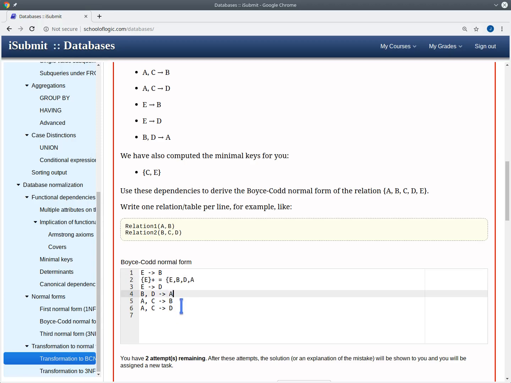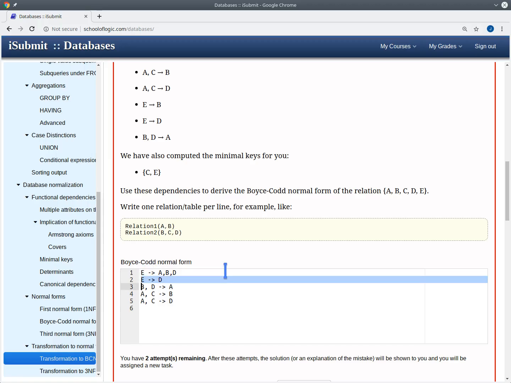And AC is not applicable, so this is all. Okay, so on the right-hand side we have A, we have B, and we have D. E we don't put because this is already on the left. Okay, this we don't need to do because we've already maximized the right-hand side for the left-hand side E.